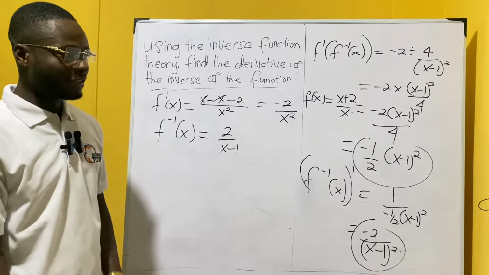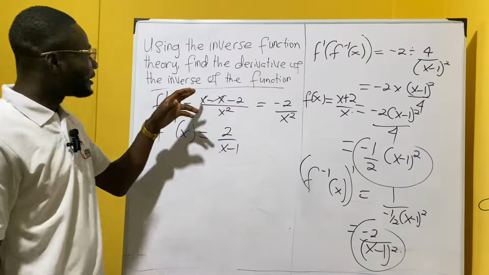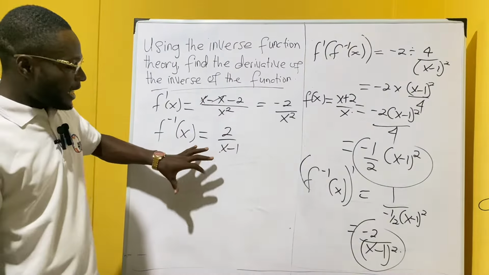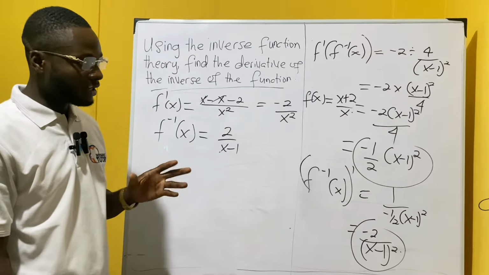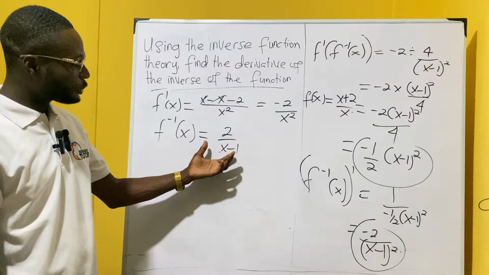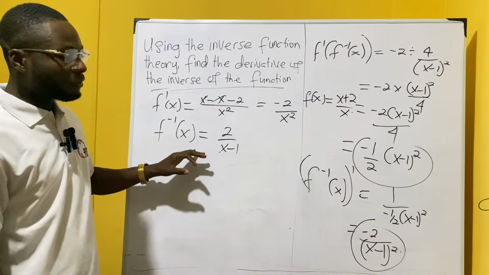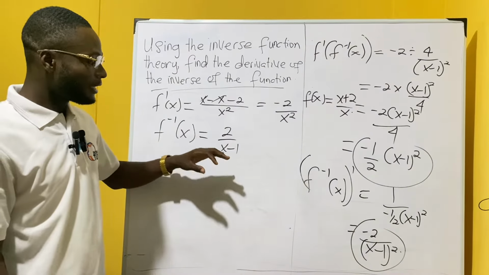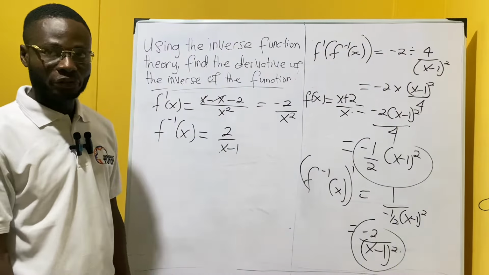So let's try it and see. But the idea is that we want to use the inverse function theorem, right? So if you have this and you want to confirm whether your solution is right or not, just use the inverse. After finding the inverse of the function, find the derivative of it. If your answer is the same as using the theorem, it means you've confirmed your solution, right?